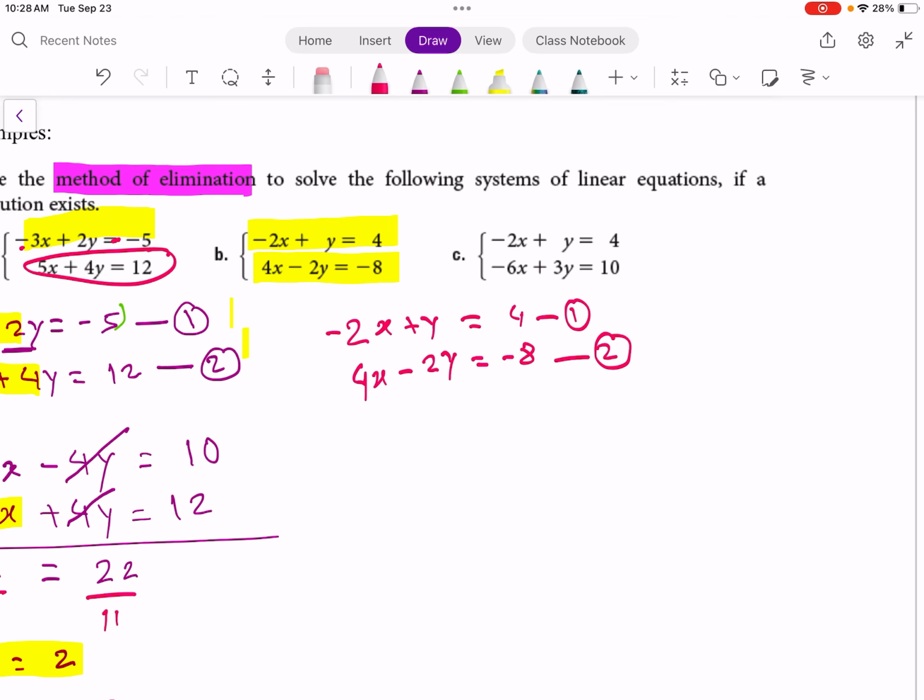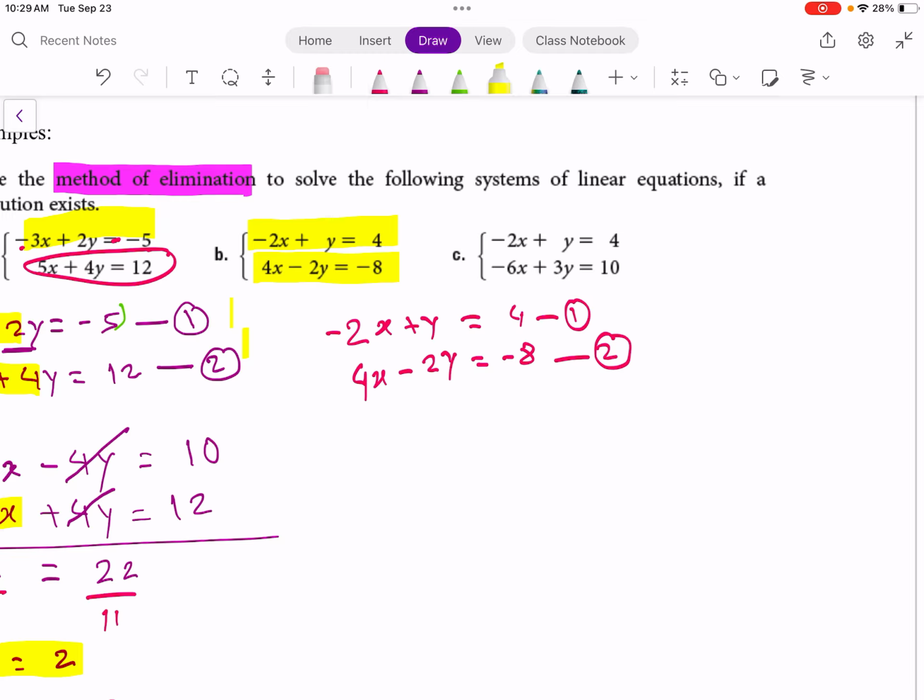Now if you want to eliminate variable x, by adding these two equations, will we be able to eliminate x by simply adding these two equations? So negative 2x plus 4x, we get 2x. We still have x, but our target is eliminating x. Now, to eliminate, we must have coefficients with the same number and opposite sign.